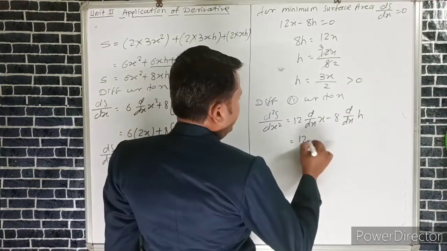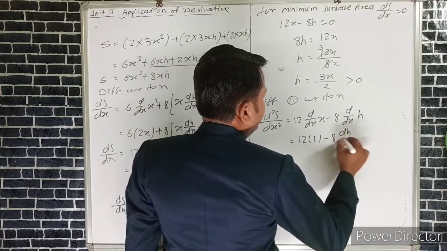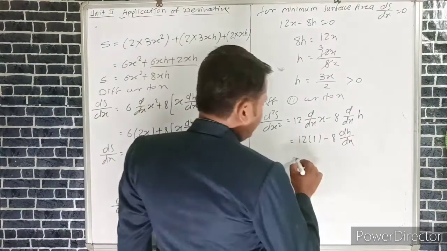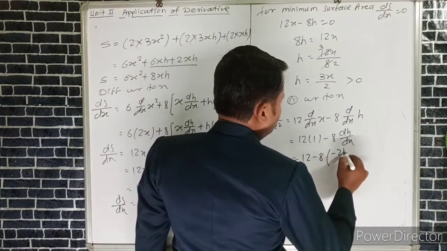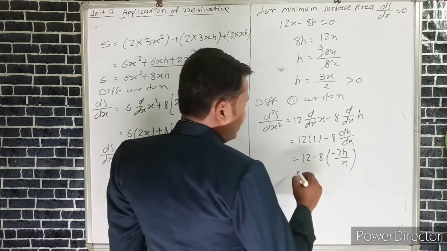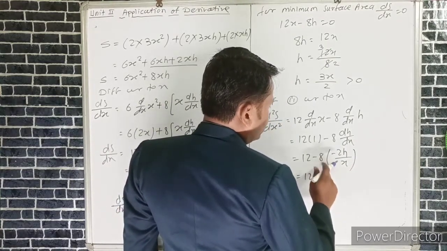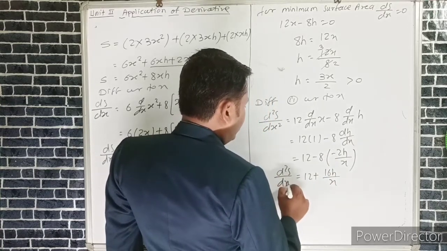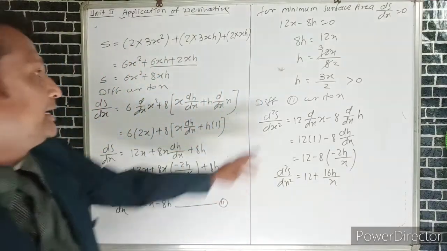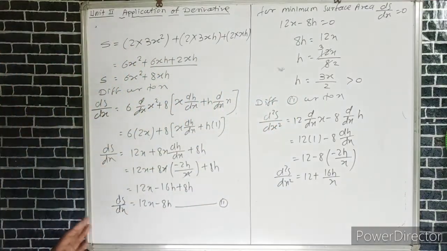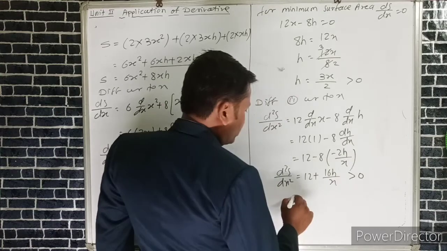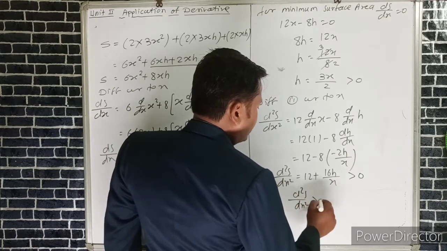So 12 into 1 minus 8 into dh/dx. Substituting dh/dx equals minus 2h upon x, we get 12 plus 8 into 2h upon x, which is 12 plus 16h upon x. Since h and x are both positive, d²S/dx² is greater than 0.